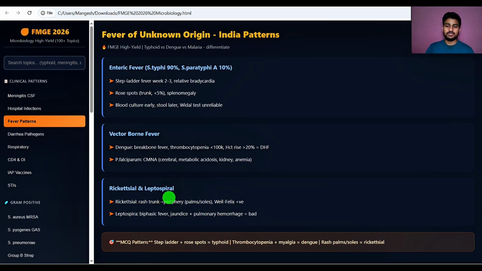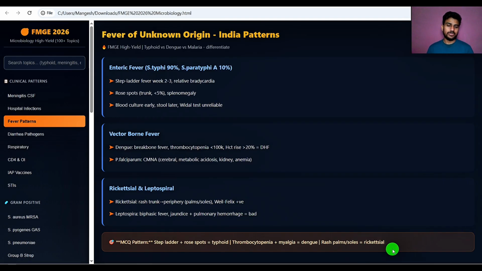And the rash can spread to the periphery as well, like palms and soles. The Weil Felix test is what we do for rickettsial fever, and it is positive. In leptospira, there is a biphasic fever, there can be jaundice, and there is also pulmonary hemorrhage in most of the cases, so the prognosis is usually bad.